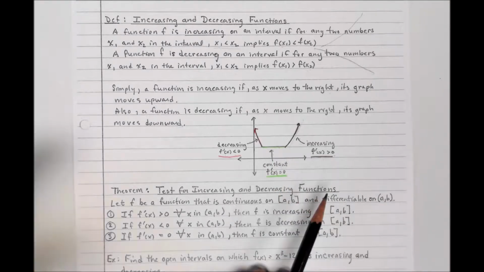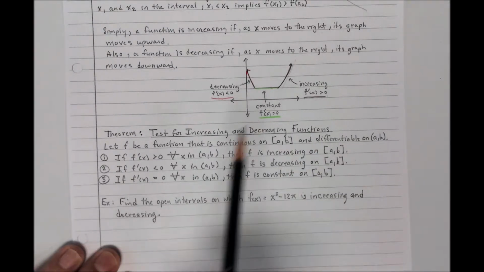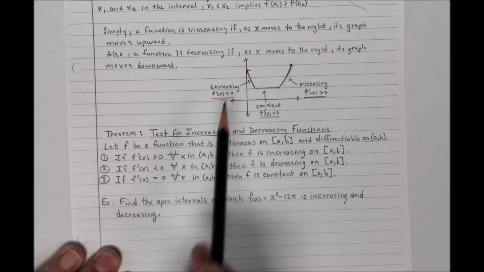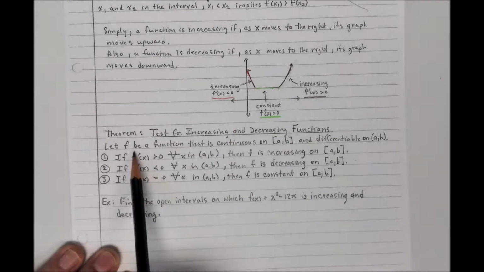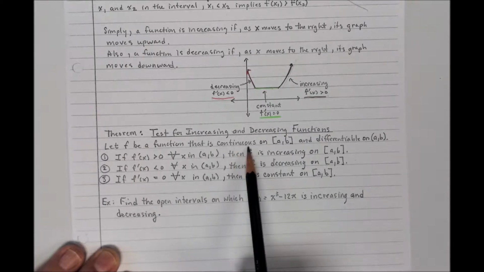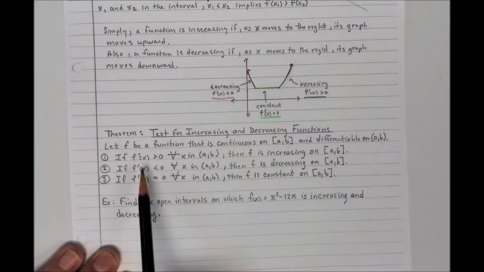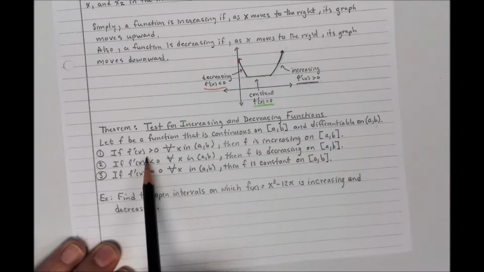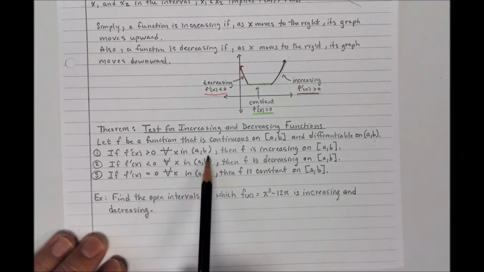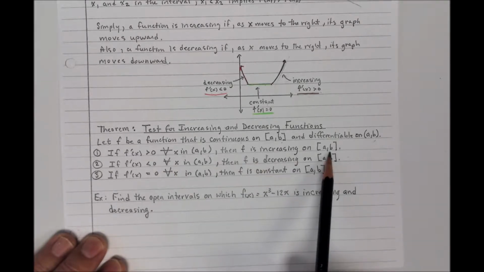Now, with that stated, we can determine where it's increasing and decreasing by taking the derivative. Theorem, the test for increasing and decreasing functions. Let f be a function that is continuous on the closed interval from a to b and differentiable on the open interval from a to b. If f prime of x is greater than 0 for all x in the interval from a to b, then we say that f is increasing on the closed interval from a to b.